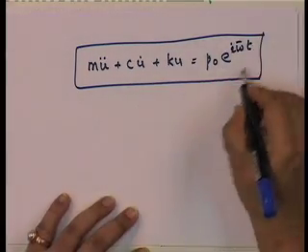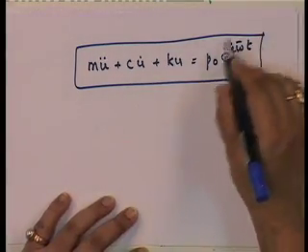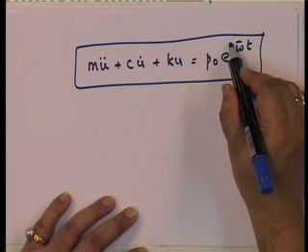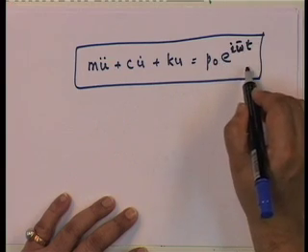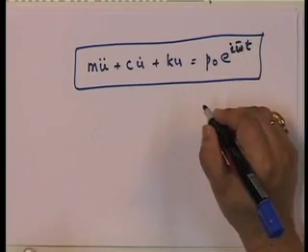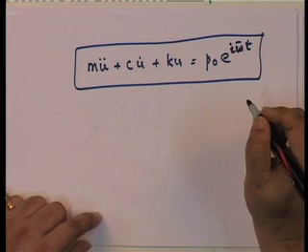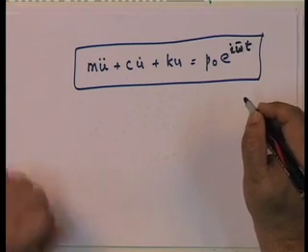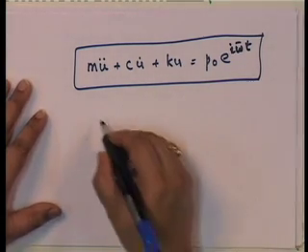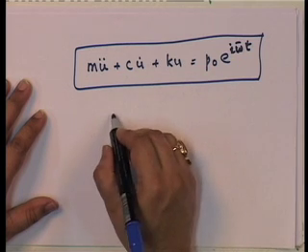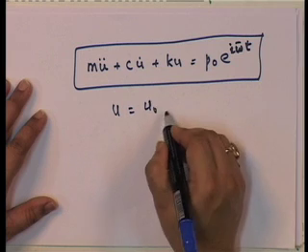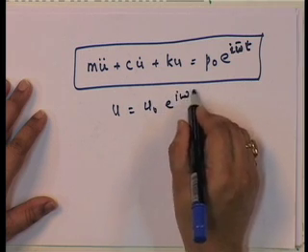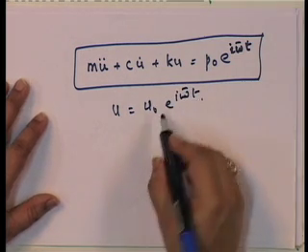This is also a simple harmonic motion, only that it is a complex one. So, how do I solve this problem? I am looking only at steady state, and the steady state will also have the form u 0 into e to the power of I omega bar t, the steady state response.